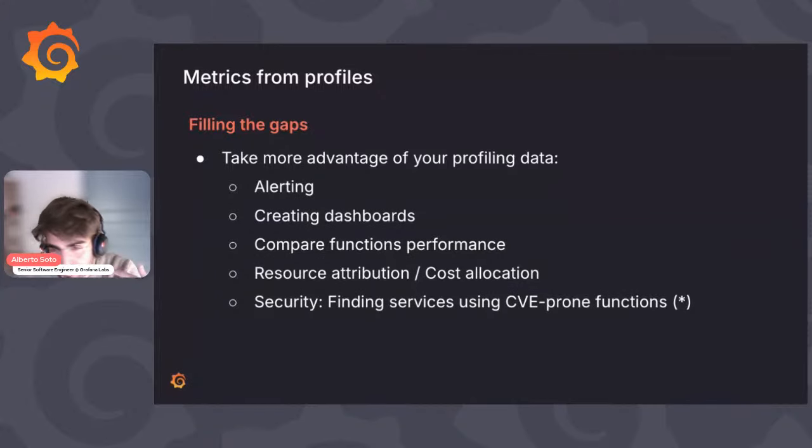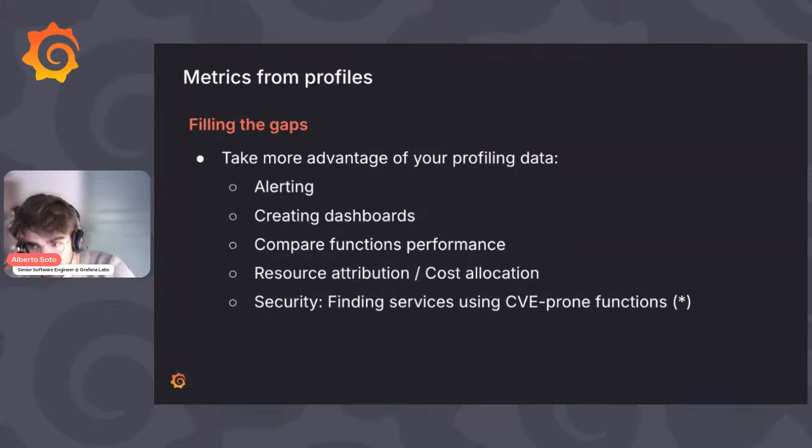And finally, there is a cool advantage we found: we can find which service is running a dangerous function once a CVE is published. We found a function that was dangerous, we just created a recording rule, and we could find over time which services were using that function.